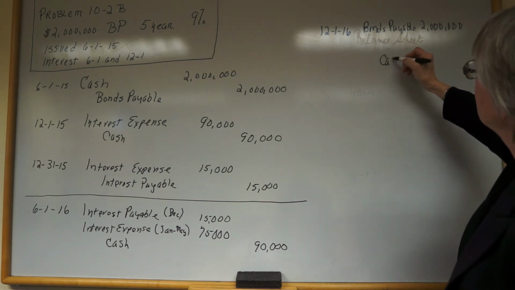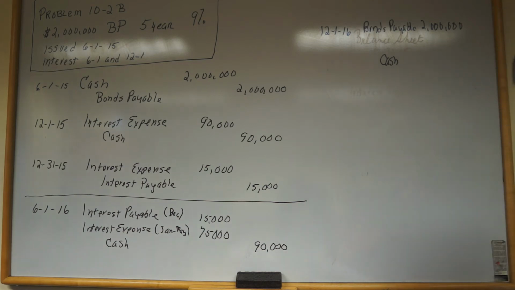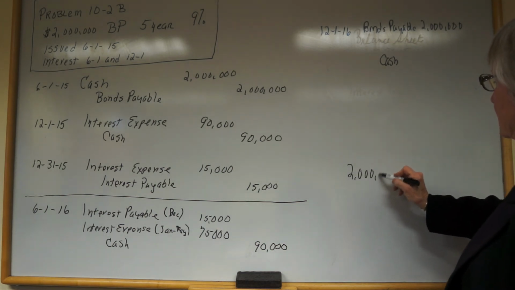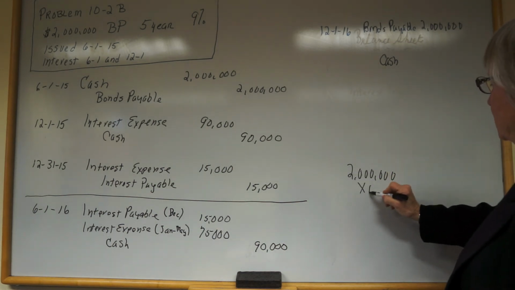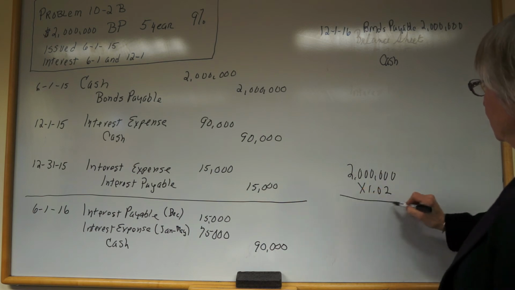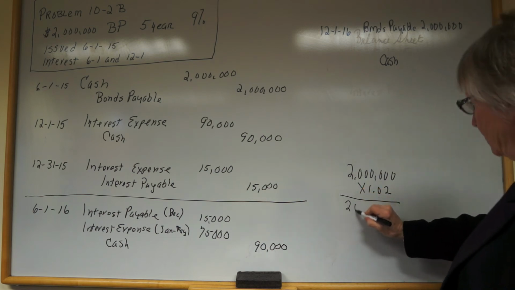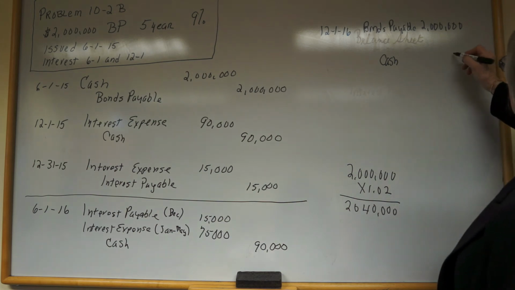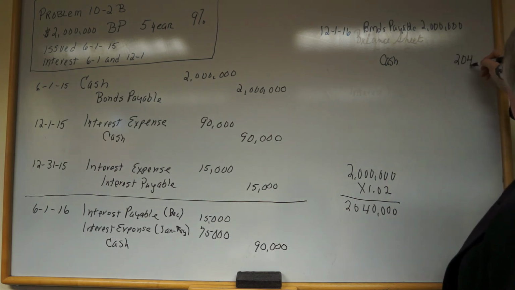The cash we have to pay to redeem them is the 2 million times 1.02, so we would go 2 million times 1.02, because they were redeemed at 102% of their face value, which is 2,040,000. So we would go 2,040,000.